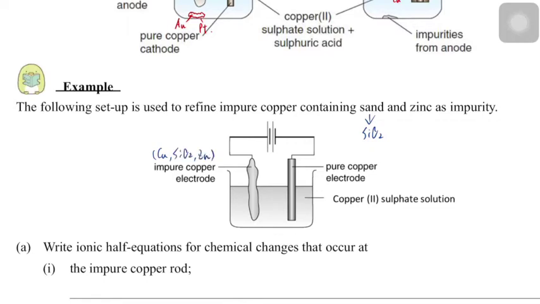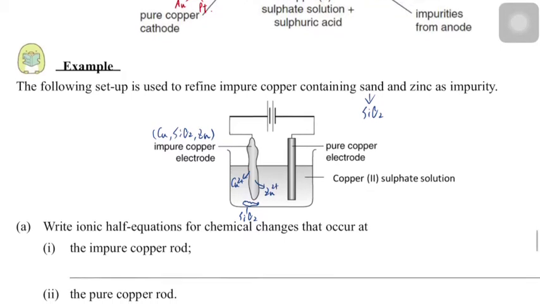Okay, so silicon dioxide will not conduct electricity, so after some time silicon dioxide will just fall down, and at the bottom of the container you will find the sand. And then what's going to happen to the zinc and copper is that they're going to lose electron and become copper 2 ion and zinc ion in the electrolyte.